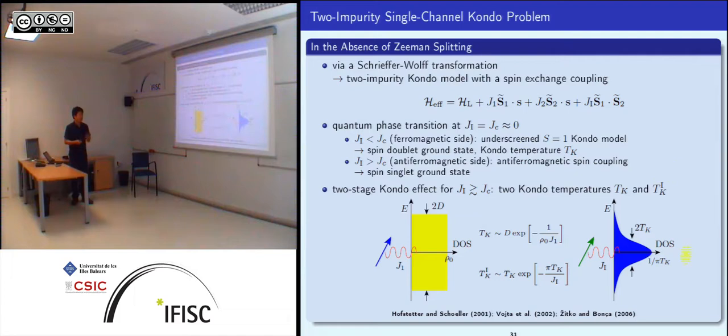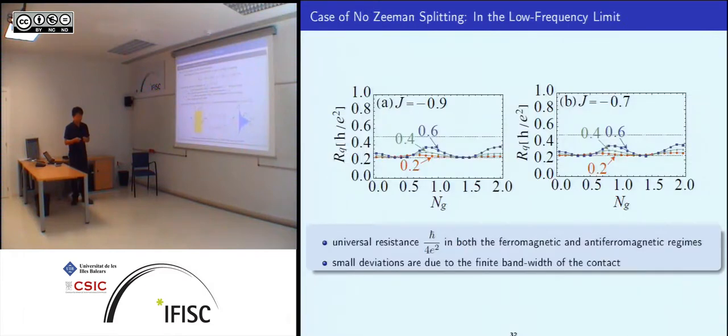So this should be revealed in the resistance, following the resistance relaxation. Still, the low frequency limit is not so interesting. I mean, as a function of gate and the interaction, the low frequency resistance is just one quarter of the universal value.